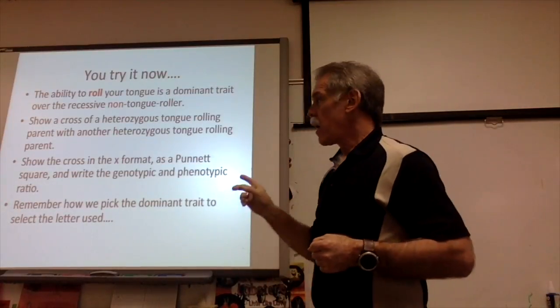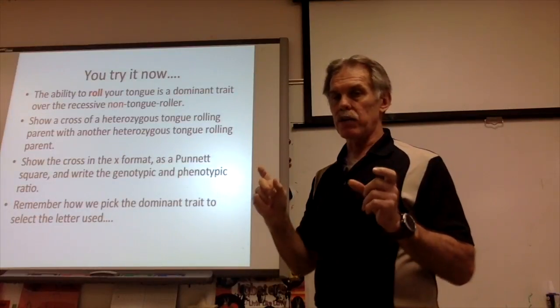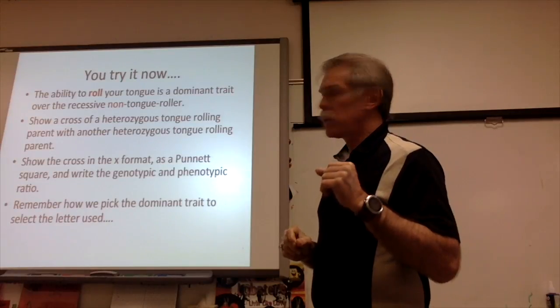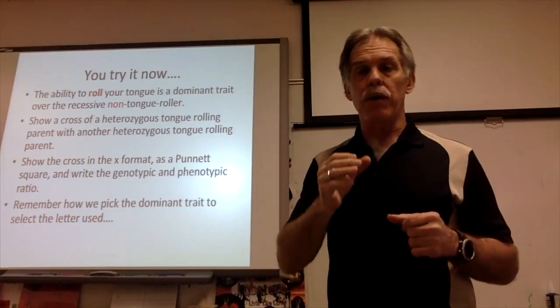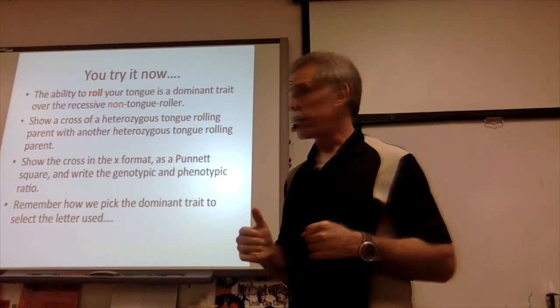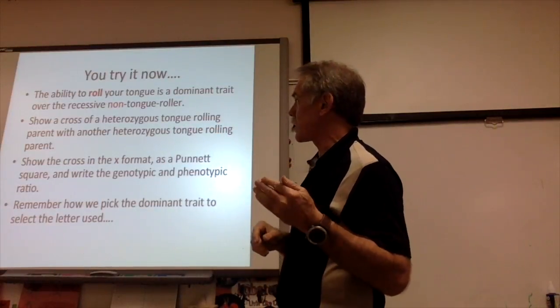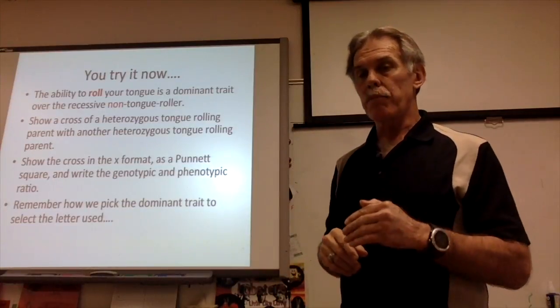Now remember, I want you to do the X format for this characteristic, and I want you to do a Punnett square, and then I want you to say what the genotypic ratio and the phenotypic ratio are at the end. You're going to show a cross of a heterozygous tongue-rolling parent with another heterozygous tongue-rolling parent.